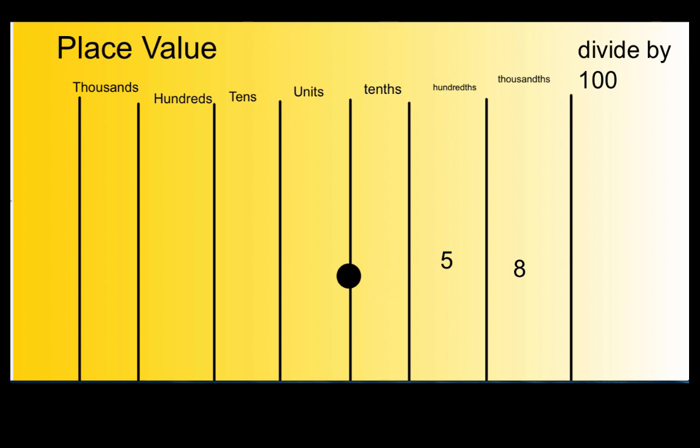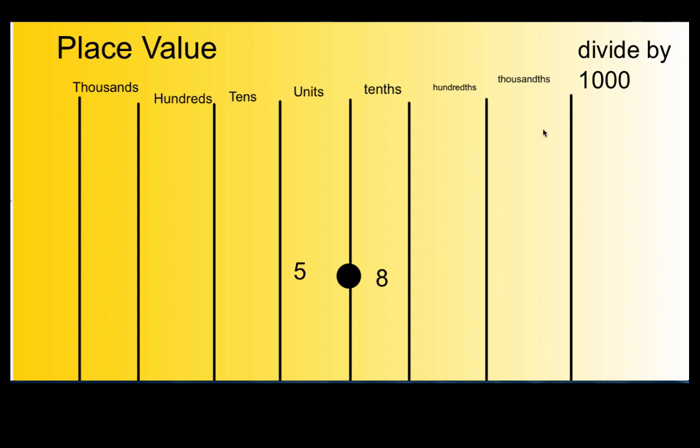So we better just pop in a placeholder there, and then we can just pop in 0 again. That's fine. You can't put in any number because then it gets a real value, but you can put in a 0 there. That's fine, because you don't just have nothing in the column. If you've got a 5 here and an 8 here, you've got to have something between those and the decimal point. So your answer is 0.058, which is really saying 0 tenths, 5 hundredths and 8 thousandths.